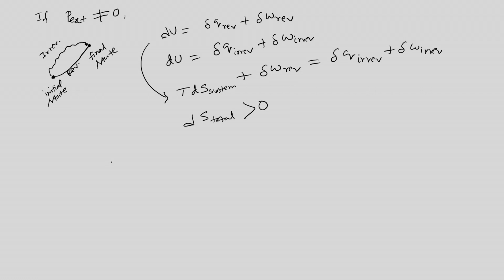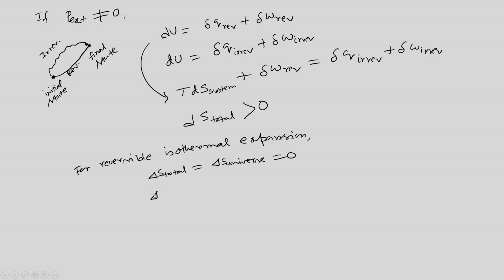So, what we got so far? For reversible isothermal expansion, delta S total, so delta S universe, equals 0. And for irreversible isothermal expansion, you get delta S total, nothing but delta S universe, greater than 0.